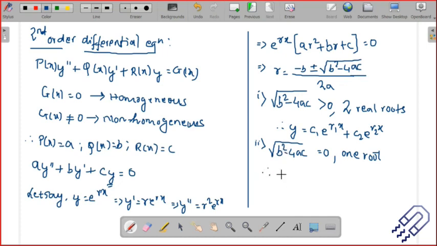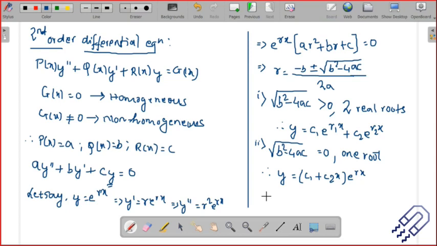So that means there is only one value of r, so we can just combine both of them. So y is c1 plus c2x, e to the power rx. Okay, that's the one root case.